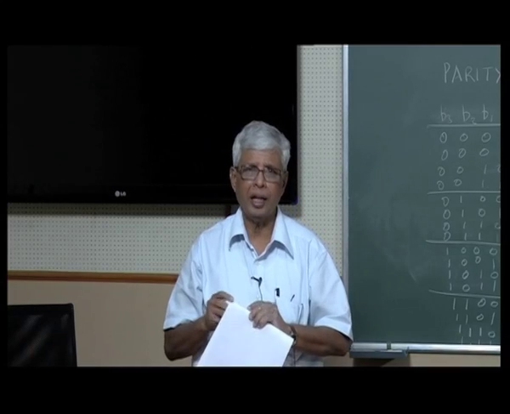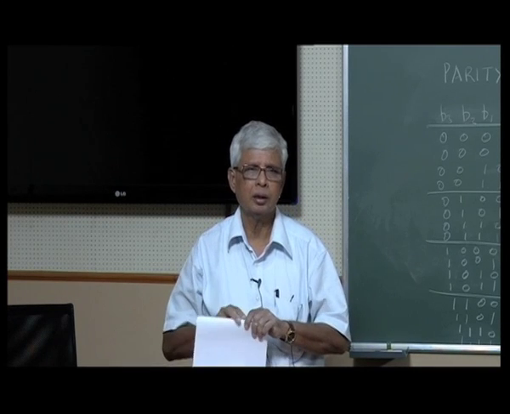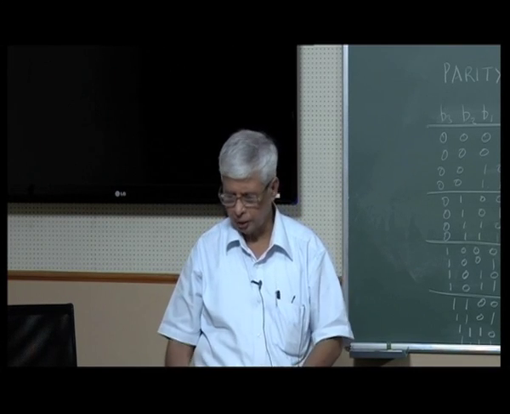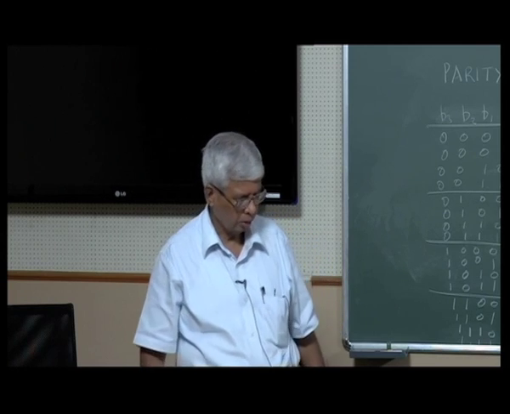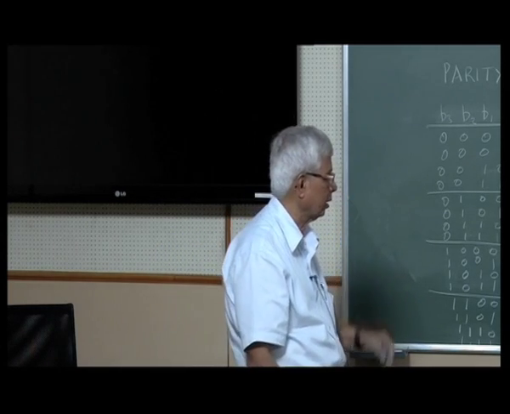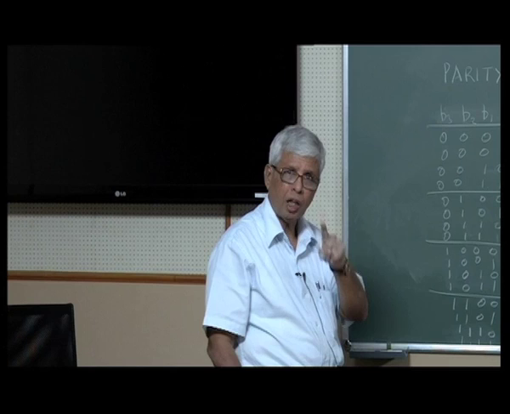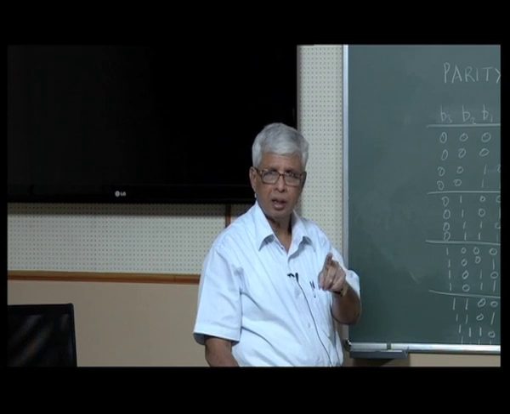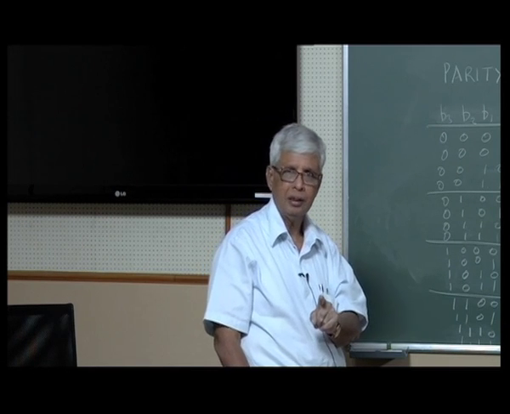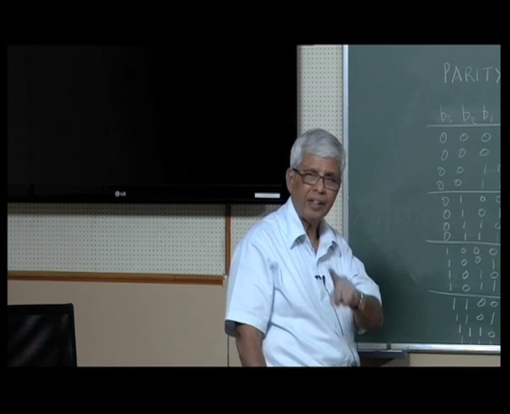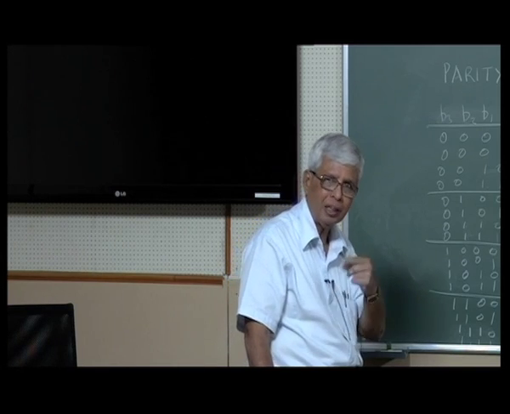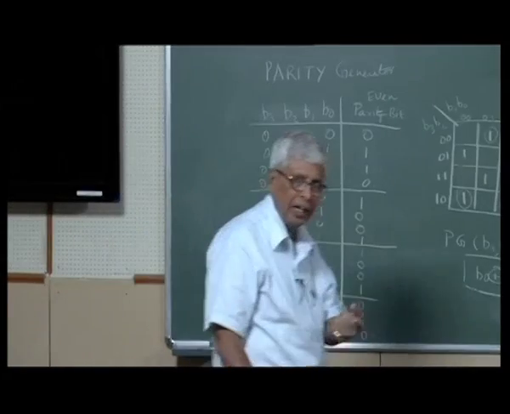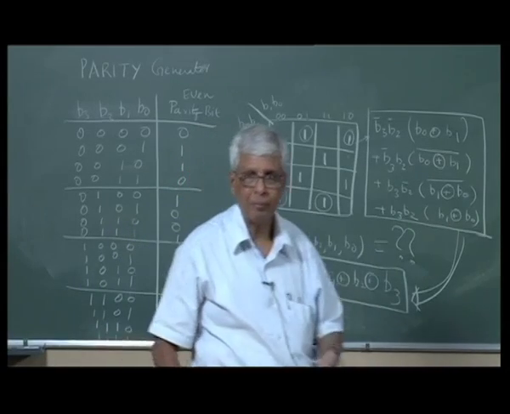Next topic I will start with the full adder. Before that I am going to tell you something. Today another 10 minutes is there. Next class we will talk about adders, full adder, subtractor, BCD adder, which is very important, because normal computers may add binary but we add decimal.